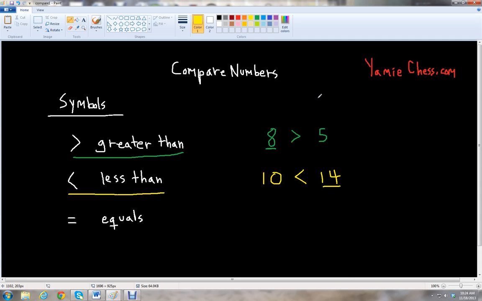Now the last symbol that we'll look at is the equals symbol, and this is where you have two numbers of the same value. So let's say we wanted to compare 7 plus 6, and then we have the number 13.